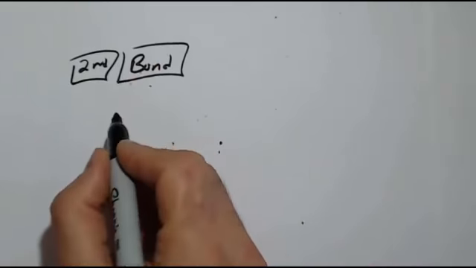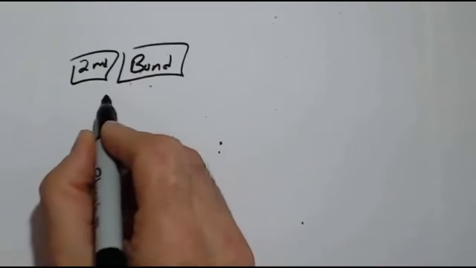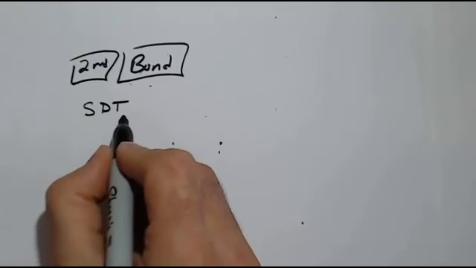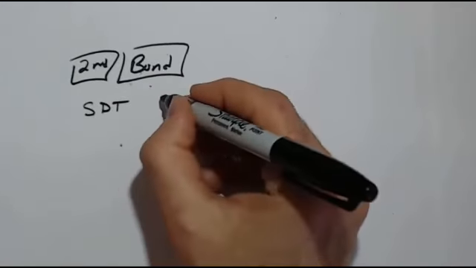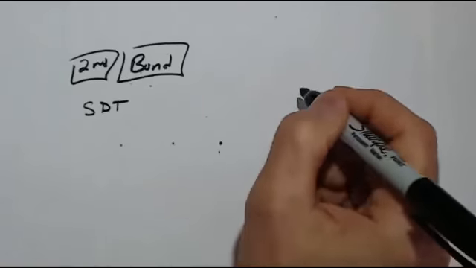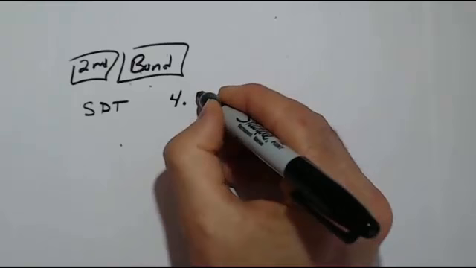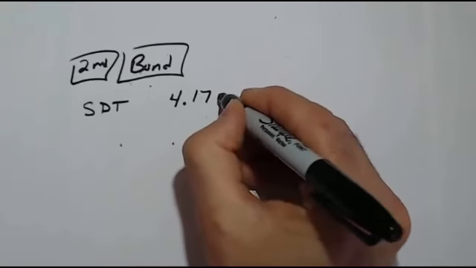Okay. So now the first thing you do is when you hit second bond, you're going to see SDT for settlement date. And so let's assume that today is 4/17/15.